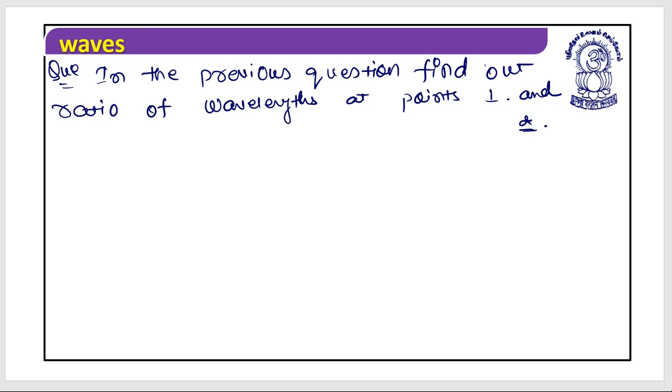So we need to find out the ratio of the wavelengths at point 1 and 2. How shall we do this? What could be done?